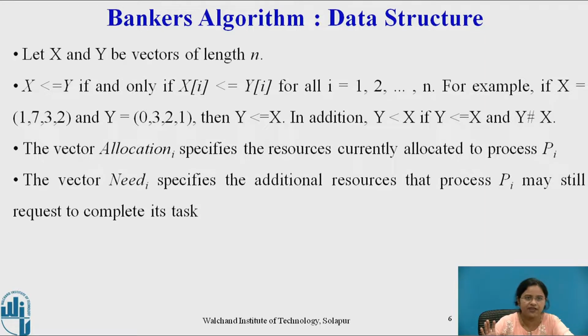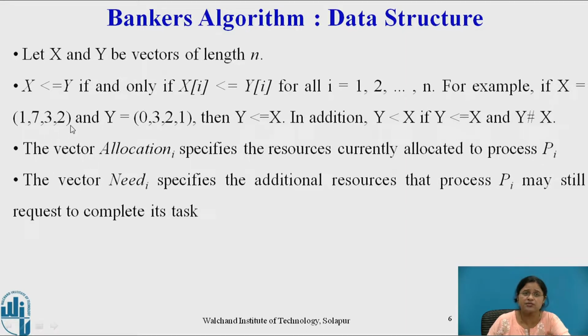For example, if X is 1, 7, 3, 2 and Y is 0, 3, 2, 1, then we can say that Y is less than X. How? 0 is less than 1, 3 is less than 7, 2 is less than 3, 1 is less than 2. So Y is less than X, or we can say X is greater than Y. In addition, Y is less than X if Y is less than or equal to X and Y is not equal to X. Okay, so this is the condition.